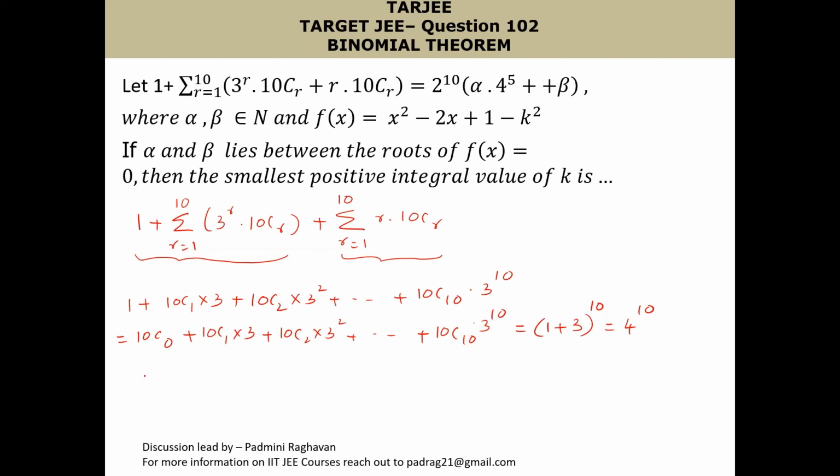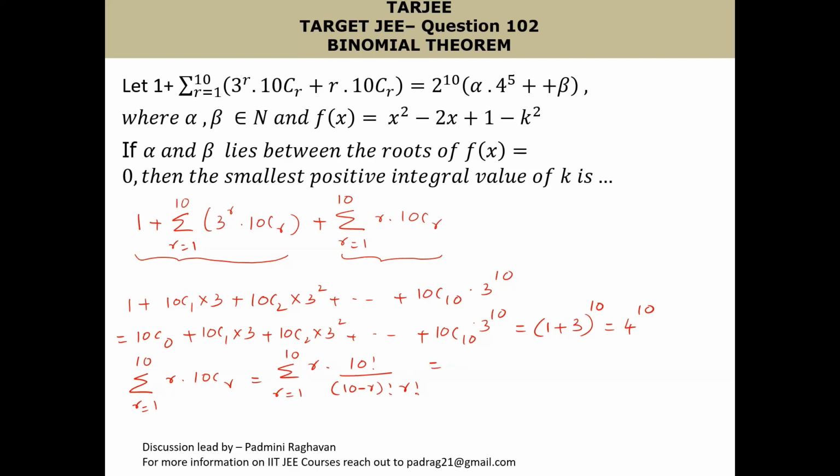The 1 with the summation of the first term together will give us 4 power 10. Now let's take the second term. Sigma r is equal to 1 to 10 r into 10 cr. The problem with this is when you replace r is equal to 1, 2, 3, the coefficient also keeps changing. So basically we need to get rid of this r. So we will replace 10 cr as 10 factorial by 10 minus r the whole factorial into r factorial.